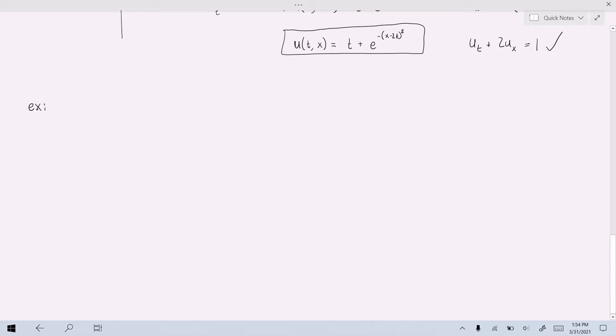So next, let's consider the equation u_t minus x u_x equals 0 with initial condition u of (0, x) is 1 over x squared plus 1.